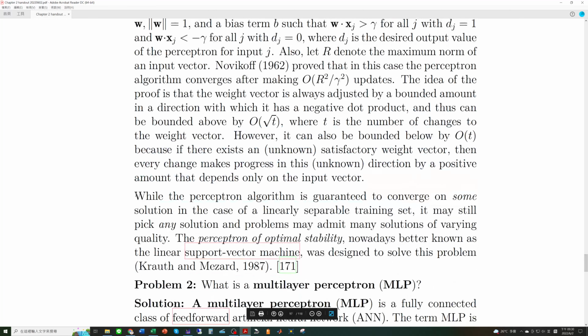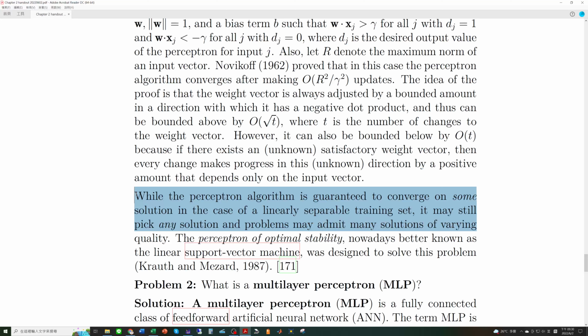Next, while the perceptron algorithm is guaranteed to converge on some solution in the case of a linearly separable training set, it may still pick any solution, and problems may admit many solutions of varying quality.